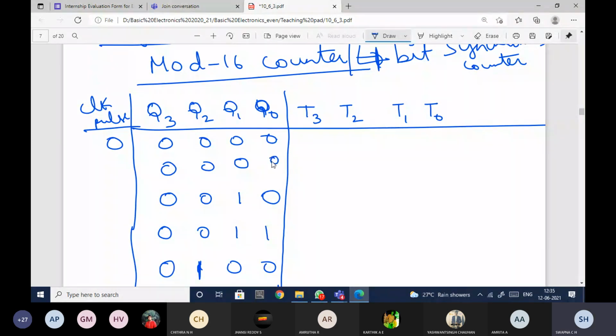This is my initial state. Now I need to give some inputs to T3, T2, T1, T0 so that my output changes from 0 0 0 0 to 0 0 0 1. First of all, check Q3. Has Q3 toggled or not?